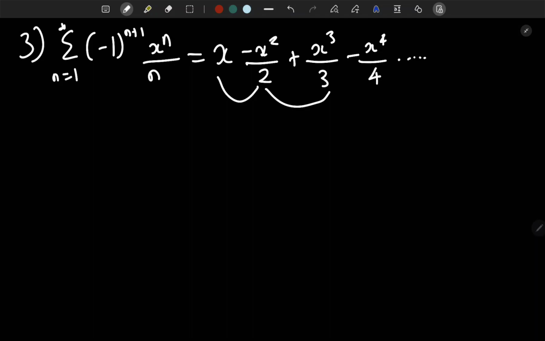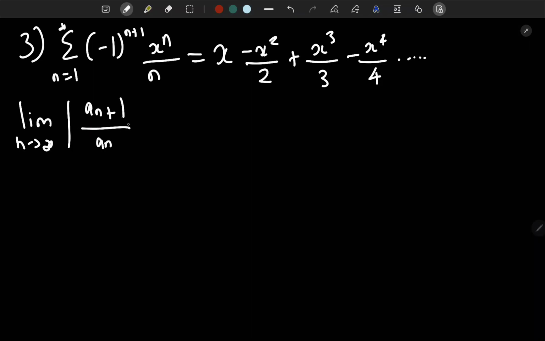So what else can we use over here? What we could use here is the ratio and root test. I'm going to go with the ratio test since it's easier here. Let us recall the rules. It is the limit as n approaches infinity of the absolute value of a of n plus 1 over a of n, basically the one term ahead over the last term, and we find the value.